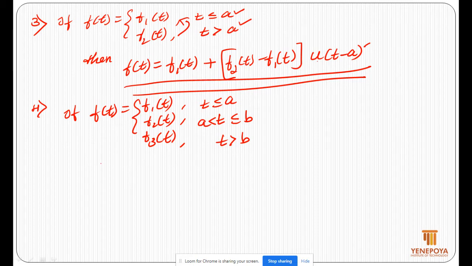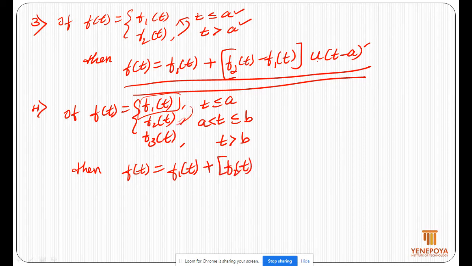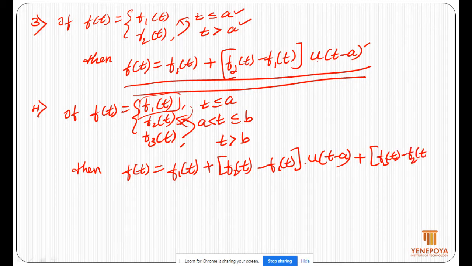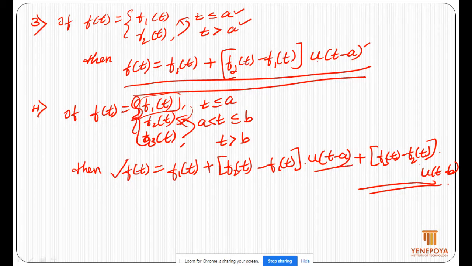This can be expressed in terms of unit step functions as f of t equals f1 as it is, plus f2 minus f1 times u of t minus a, the unit step function at t minus a, plus f3 minus f2 times u of t minus b. This is the fourth property of the unit step function, expressing the given f of t in terms of three functions in terms of unit step functions.